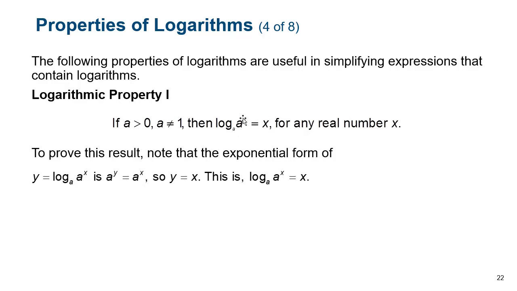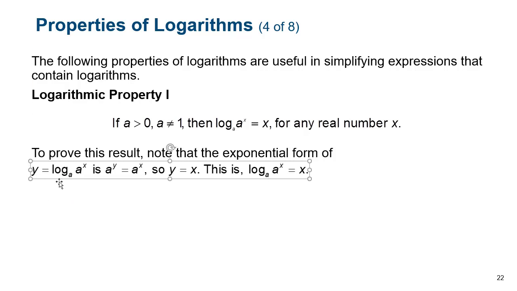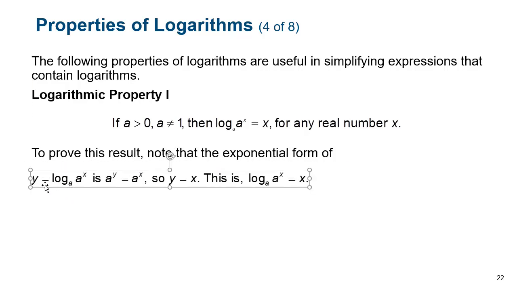To prove this, we could switch things into their exponential form. So a to the y equals a to the x. So y has to equal x, and therefore this has to equal x. Because the only time you can get a to a power equaling a to another power is when those two powers are equal. 2 to the third equals 2 to the x. The only way that would happen is if x equals 3.